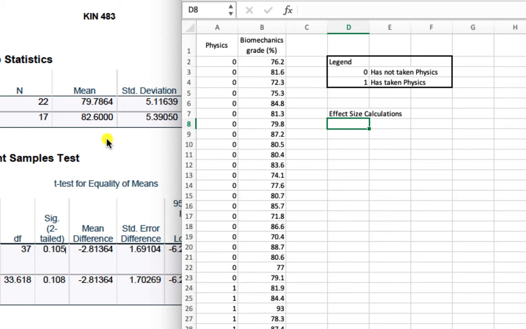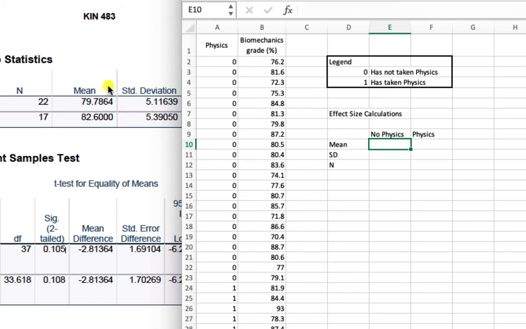So first things first, let's copy some information over from our output. I'm going to say that this column is going to be my statistics for people who haven't taken physics versus people who have taken physics. We need to know the mean, standard deviation, as well as the sample size.